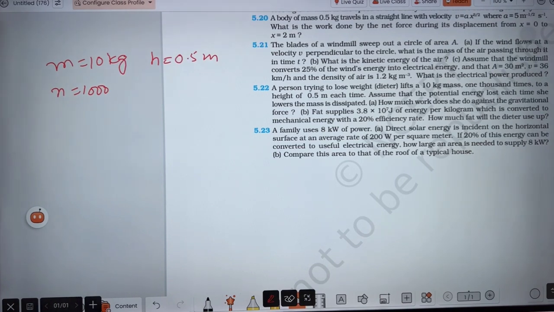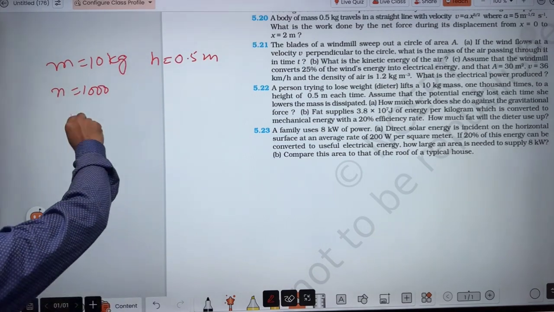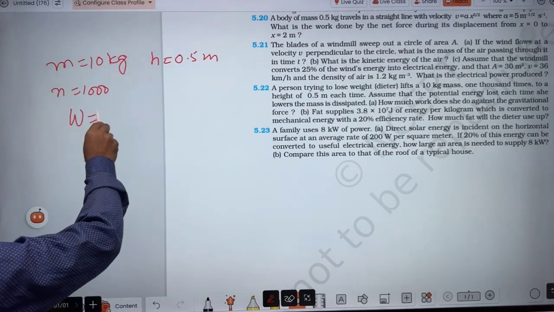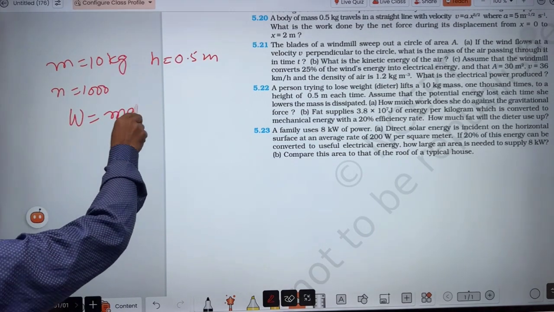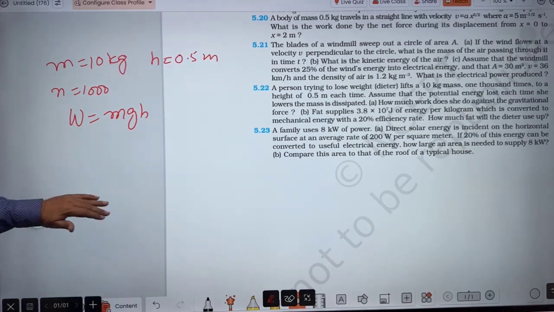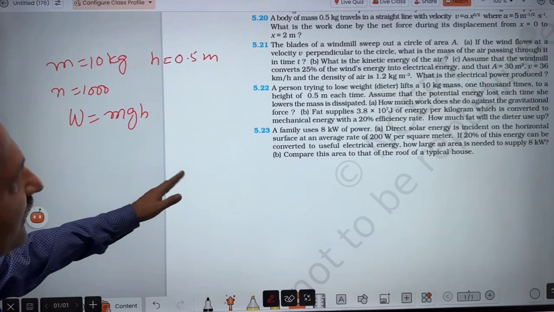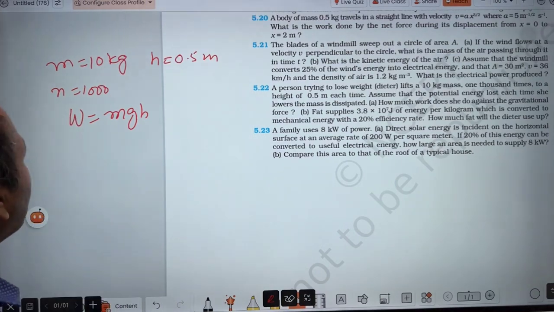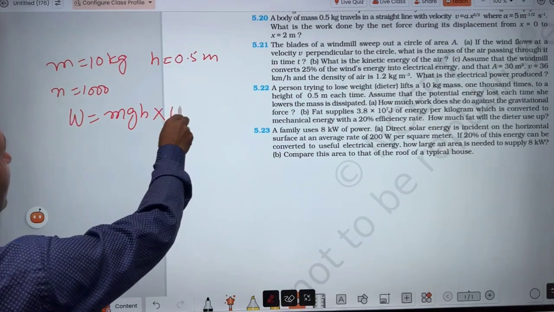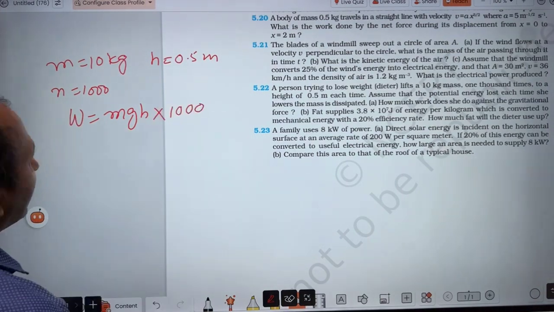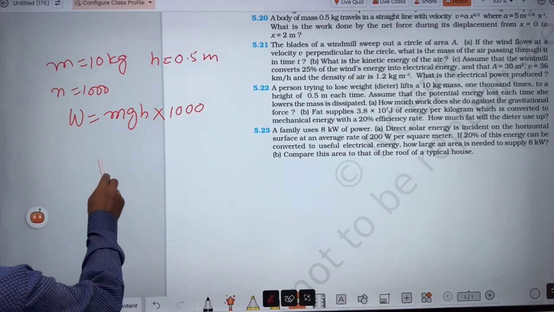Here we have to find out the work done against the gravitational force. You know work done against gravity is mgh for once. Here the person is lifting it 1000 times, so just multiply by 1000 and you will get the value.